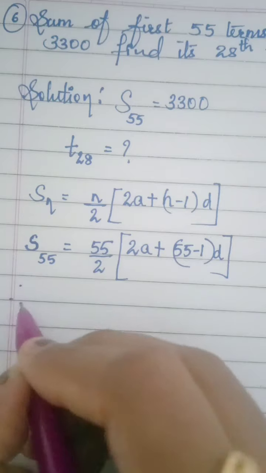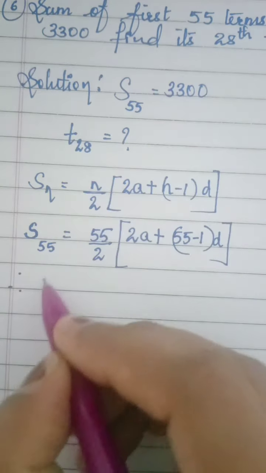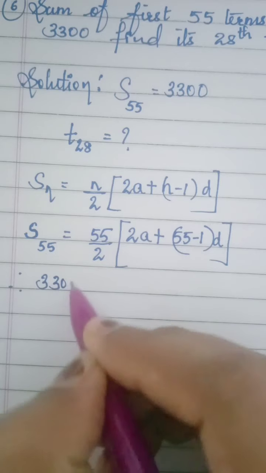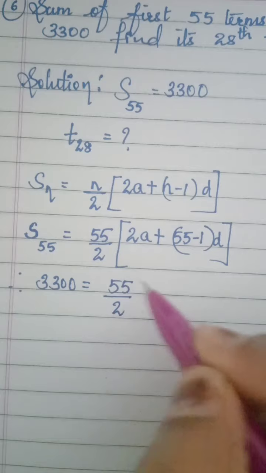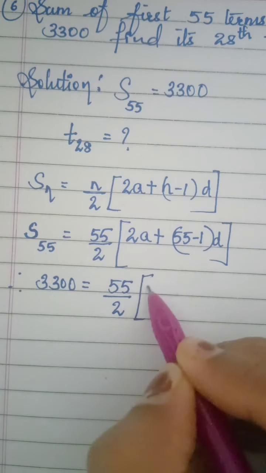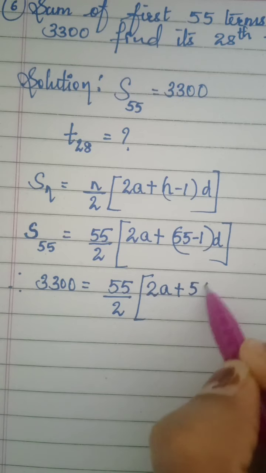So therefore, how much is sum of 55 terms? That value we know, 3300. 3300 is equal to 55 upon 2. For the time being, we'll keep it as given. 2a plus 55 minus 1 is 54d.